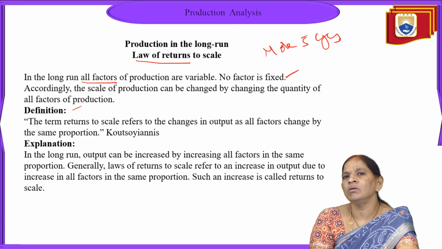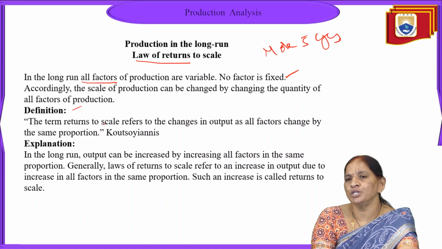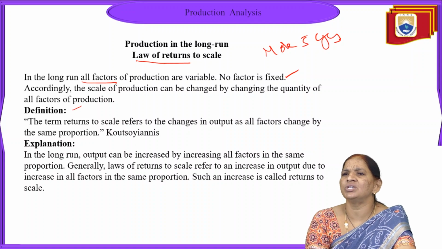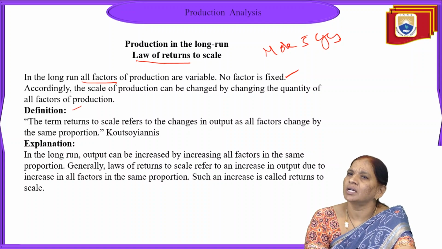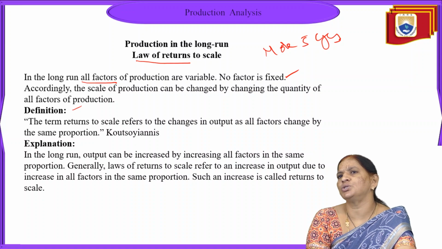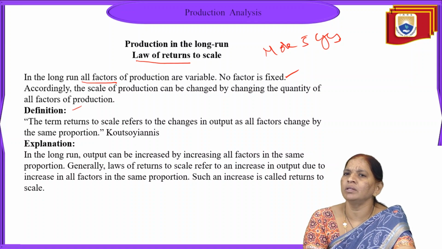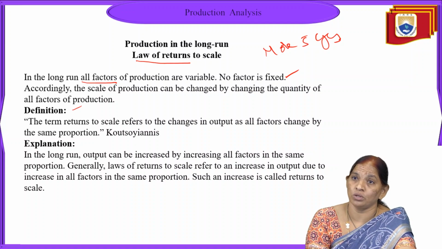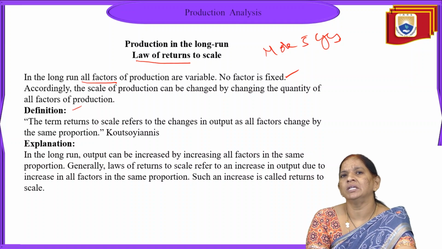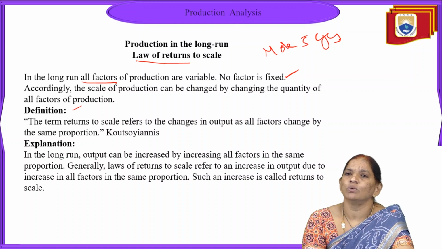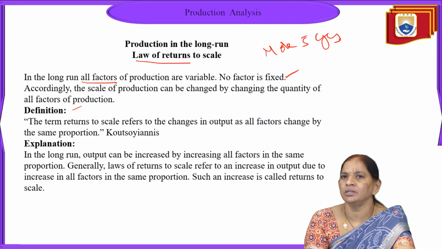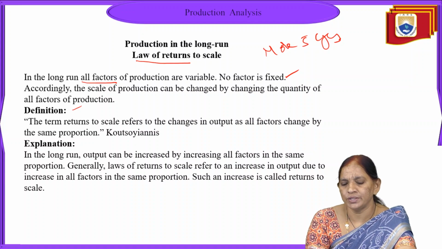In the long run, the changes in output take place by changing all factors: labor, capital, materials, land, and maybe technology also. If there is any improved technology, we can change that as well. Whatever the factors in production, we can change all of them in the law of returns to scale.